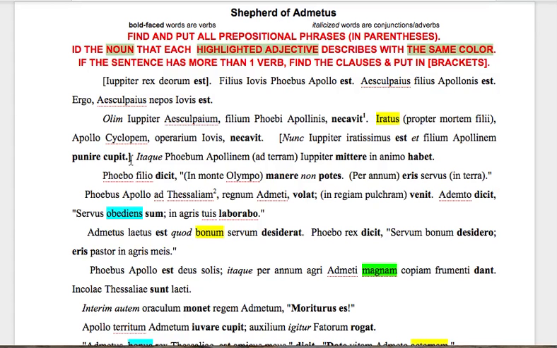Every verb has its own unit of thought. So we notice that in this sentence there is the verb est and the verb cupit and the verb punire. If you have a verb like punire, and you'll notice on your vocabulary list that this is called an infinitive, the infinitive is always going to work with the verb that is next to it.